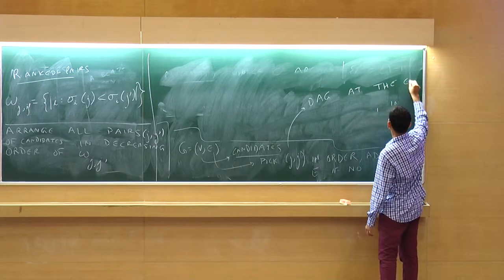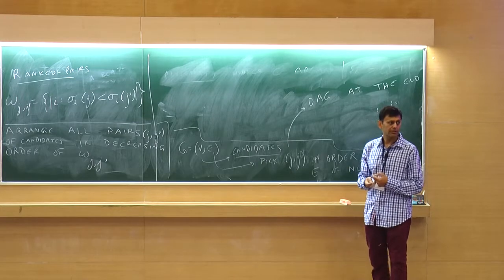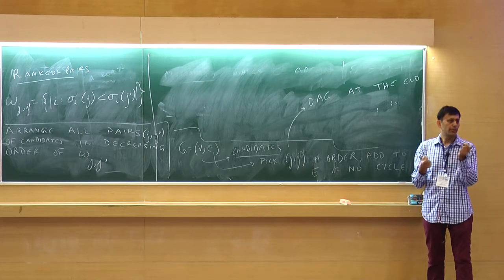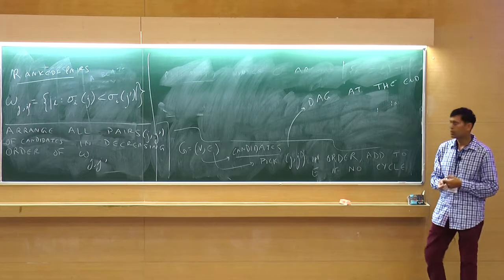A DAG is a directed acyclic graph, so you're going to have a directed graph. There are going to be no cycles because you're not adding edges that cause cycles. But because you're biasing towards heavy edges, people who beat each other more soundly are more likely to come out as the winner.